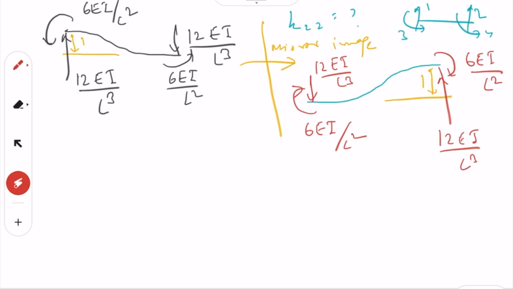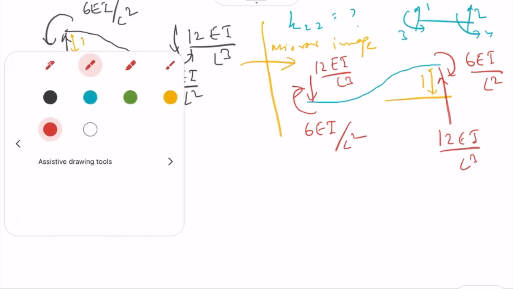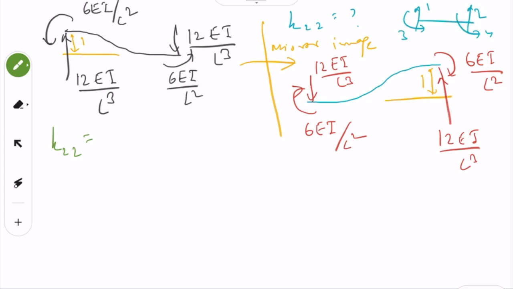So remember that we had to find out K22 now. So if we want to find out K22, and our degree of freedom 2 is here, this gives you K22, this gives you K21, this will give you K23, this will give you K24.